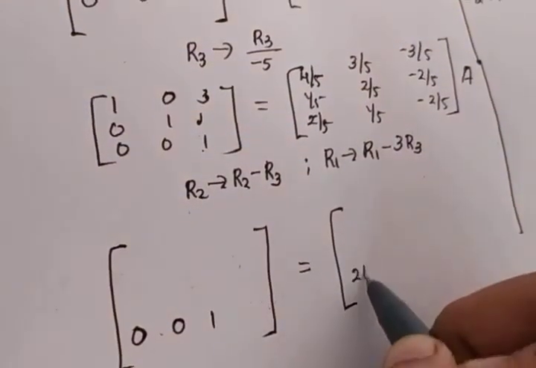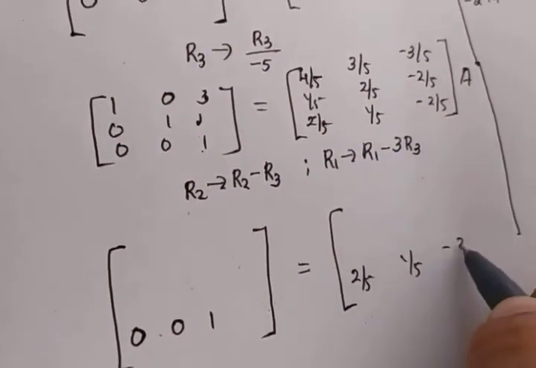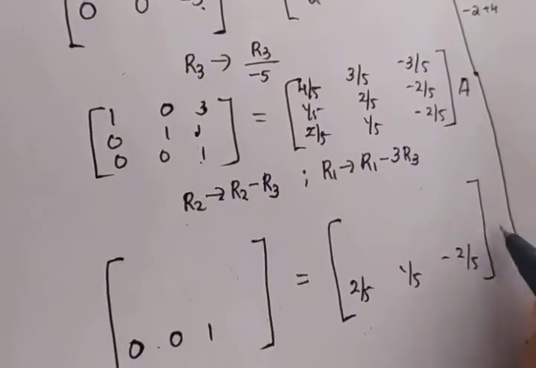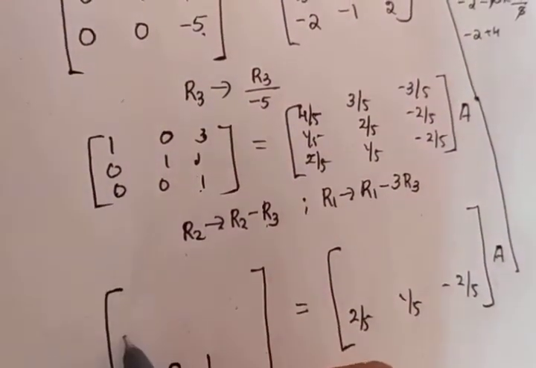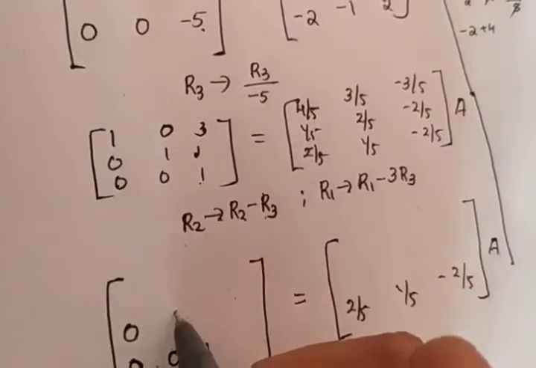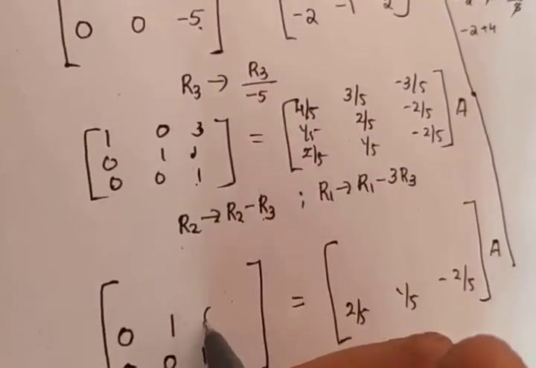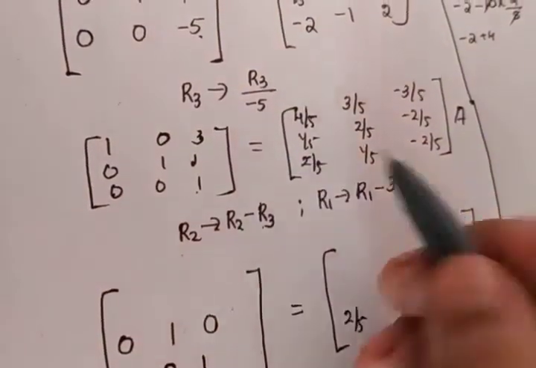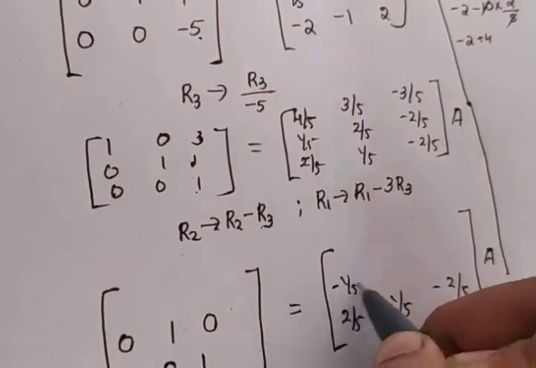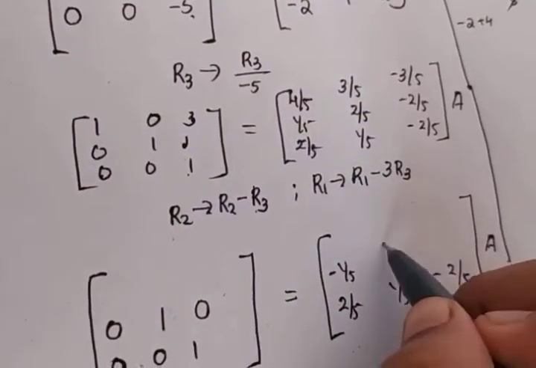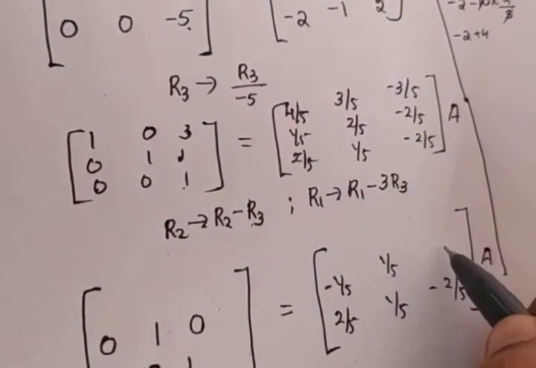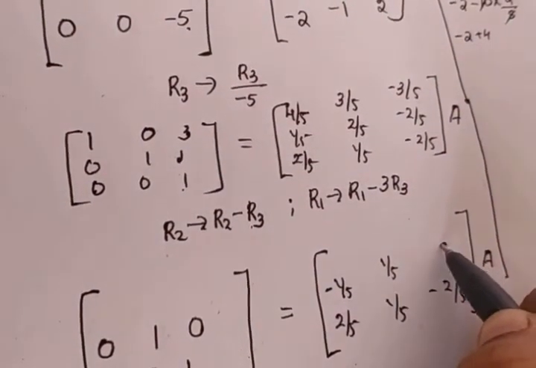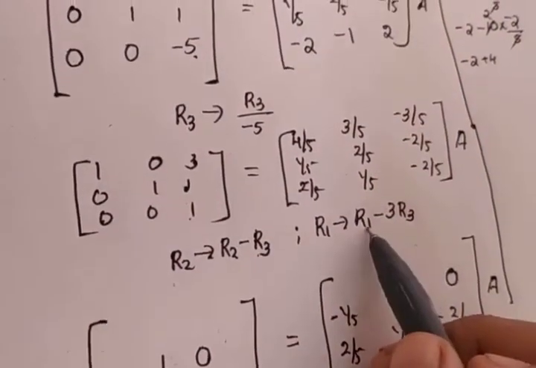Here 2 by 5, 1 by 5, minus 2 by 5 remains the same into A. R2 minus R3. So just subtract: 0 minus 0, 0, 1 minus 0, 1, 1 minus 1, 0. Again 1 by 5 minus 2 by 5 is minus 1 by 5. 2 by 5 minus 1 by 5 is 1 by 5. Minus 2 by 5 minus of minus 2 by 5 will give you minus 2 by 5 plus 2 by 5, which is 0.